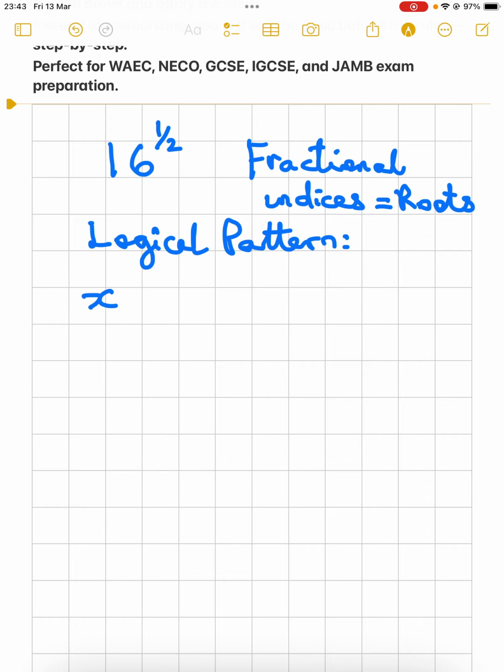Let's consider x raised to power 2 equal to 9. What number squared gives 9? The answer is 3. This is x equal to 3.